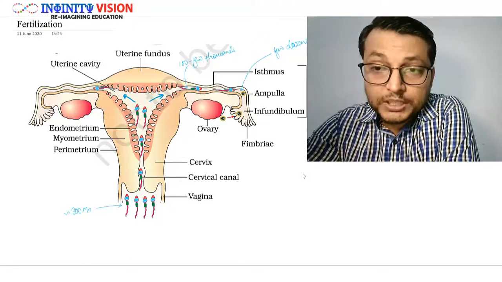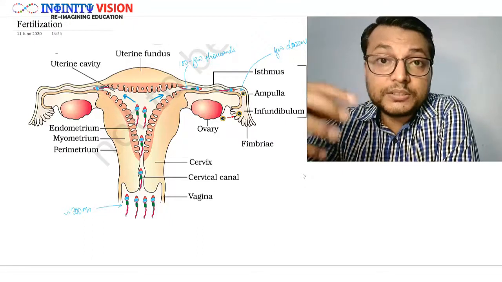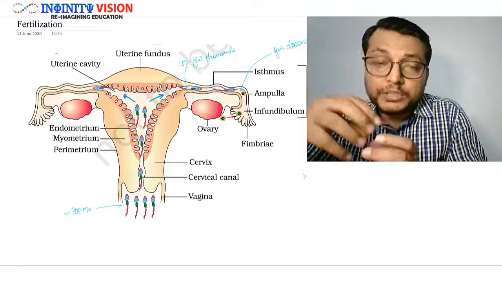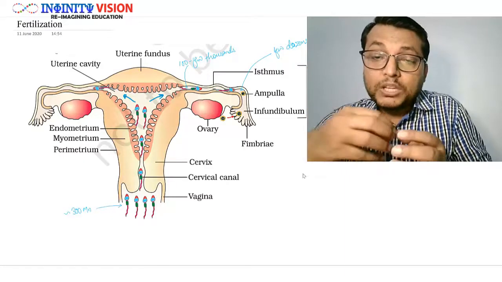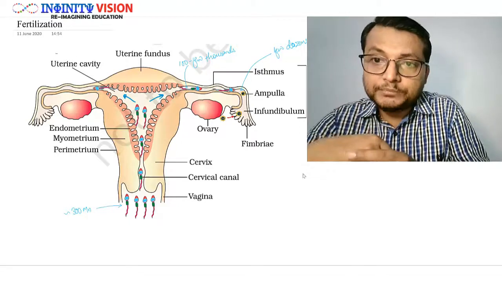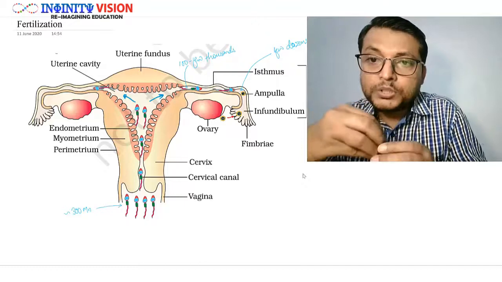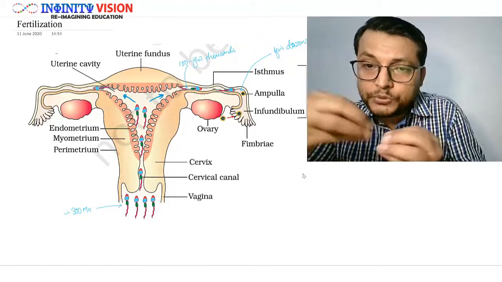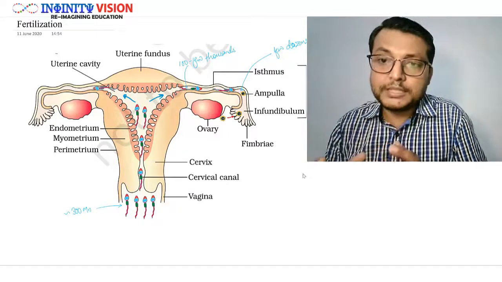Now here what we are going to emphasize is the detailed procedure: how the two gametes reach each other, and when they meet what happens with them. How they make sure that only the compatible gametes will fuse, and how their nuclei fuse to form the zygote. This is all we are going to see in detail.